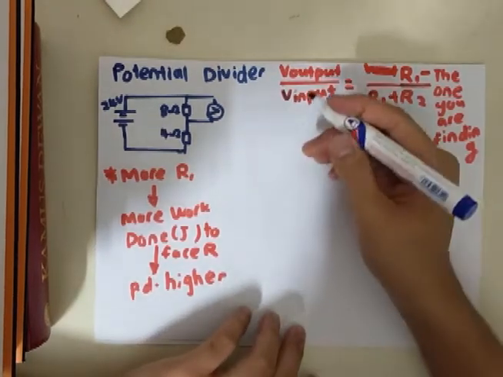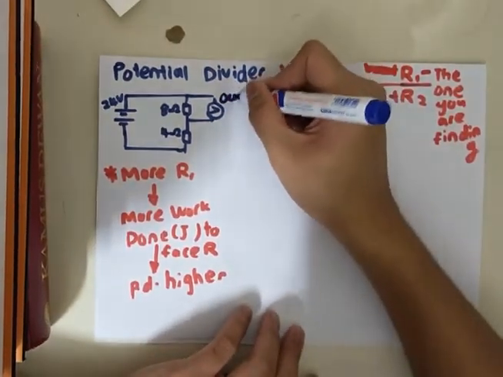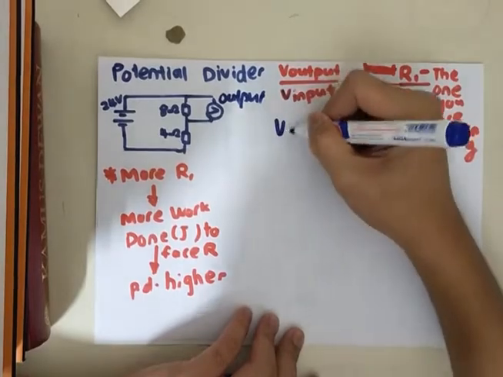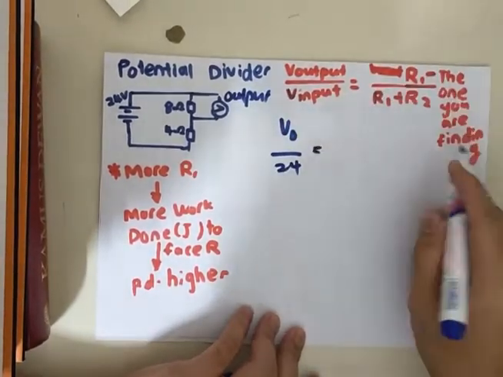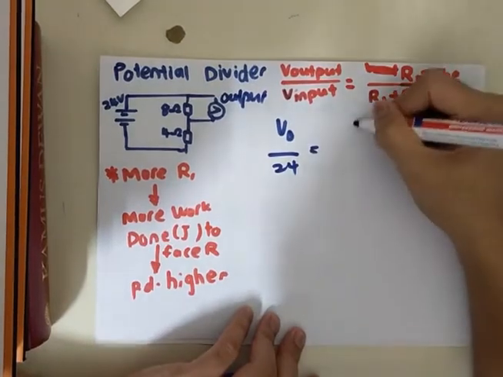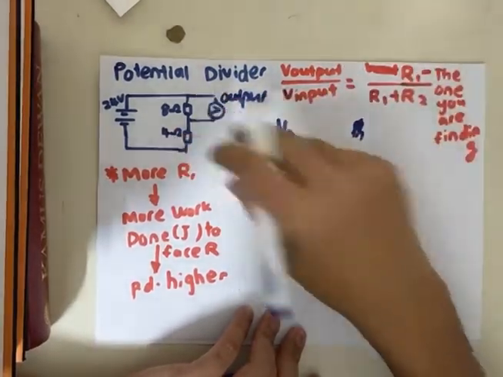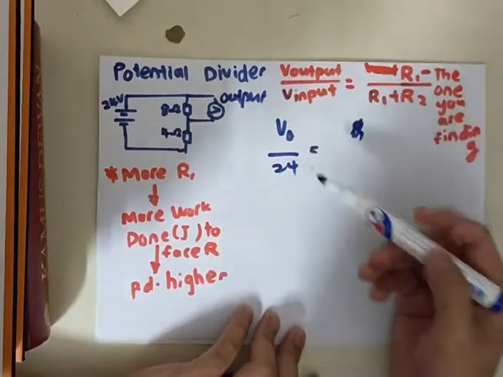V output is what we are looking for. V output over V input, which is 24, equals R1 over R1 plus R2. My R1 would be the output that I'm trying to find.